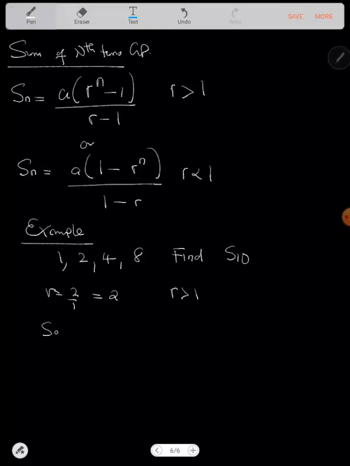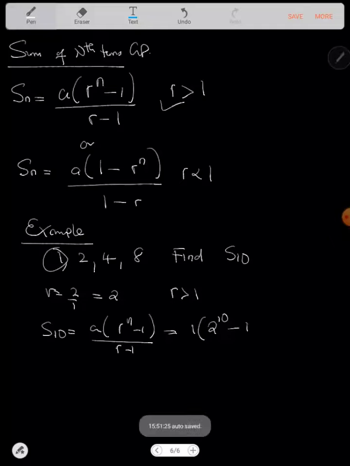So I'm saying S10 is equal to a, open brackets, r to the power n minus 1, divided by r minus 1. A is the first term, 1, open brackets, r is 2 to the power n, which is 10, minus 1, divided by r, which is 2, minus 1.